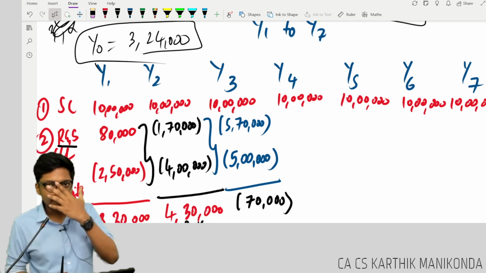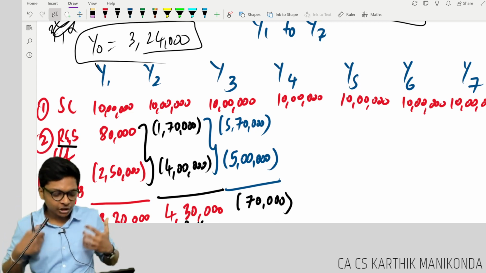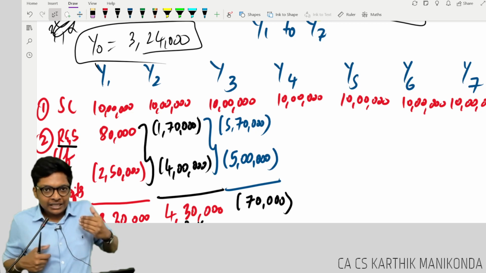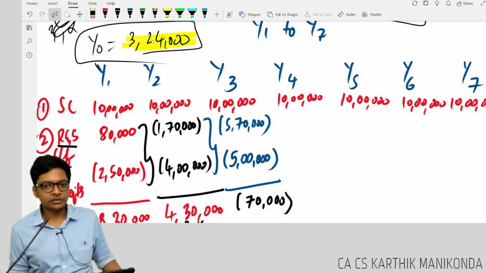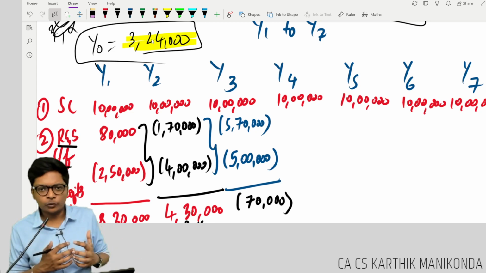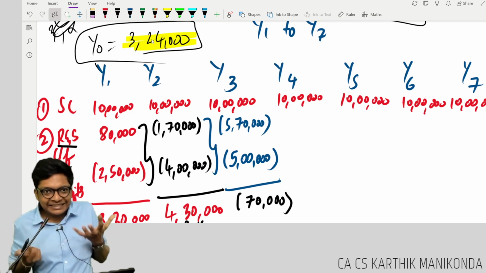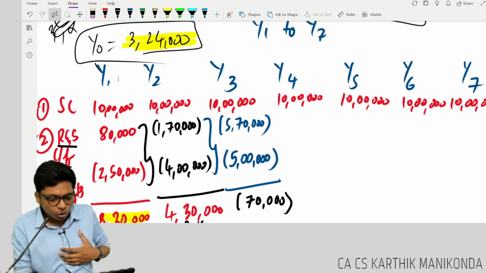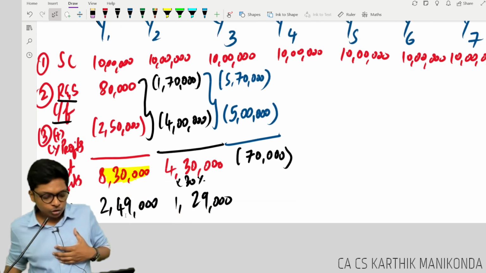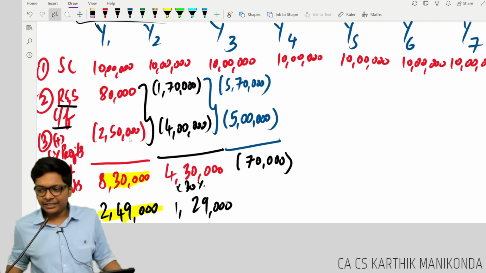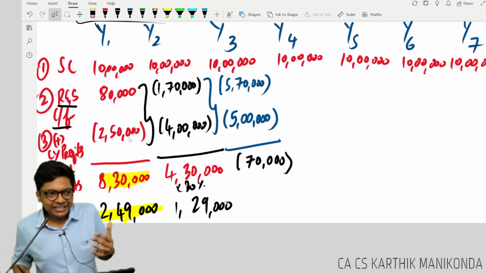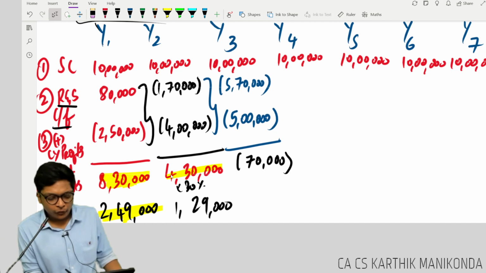That means what's happening? Before the consolidation took place, the company had to pay minority 3,24,000. But after consolidation took place, the subsidiary's net assets itself declined to 8,30,000. So what belongs to minority is 2,49,000. Then next year, year 2, the subsidiary's net assets dropped to 4,30,000.